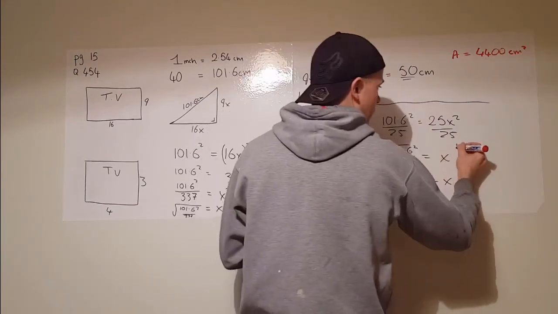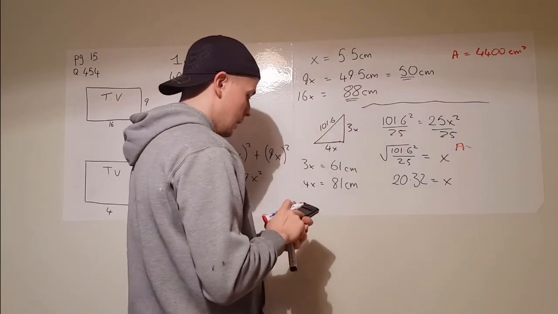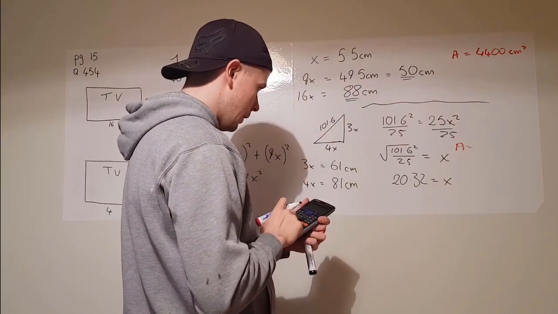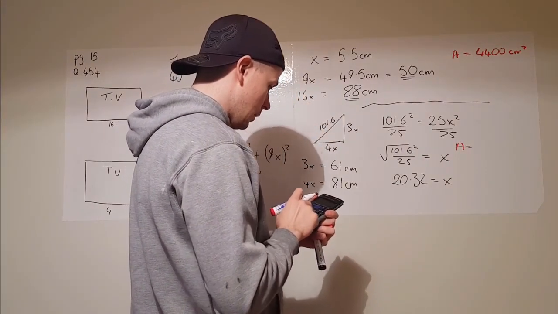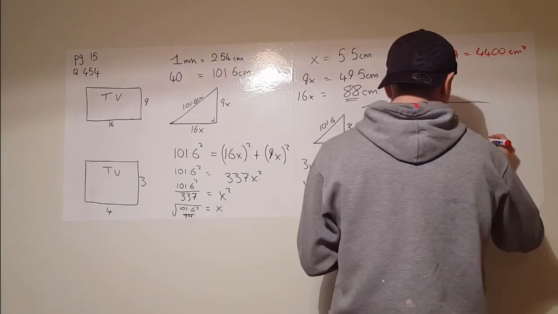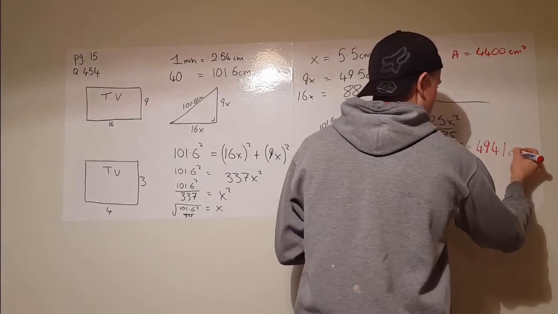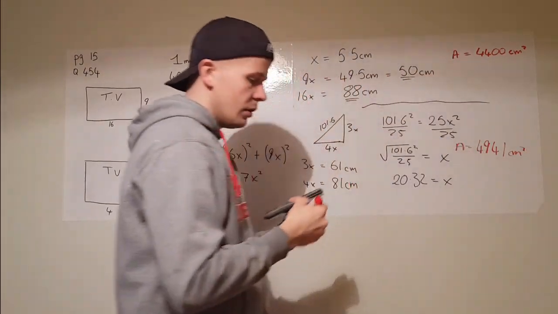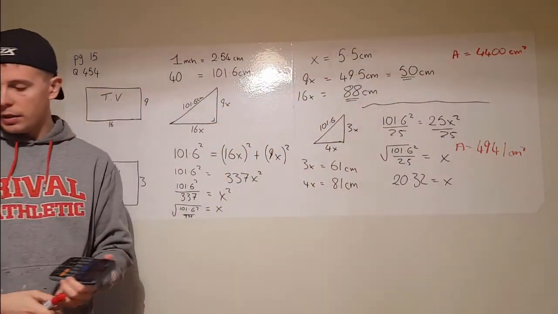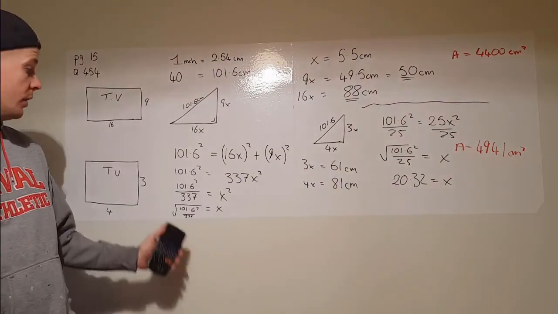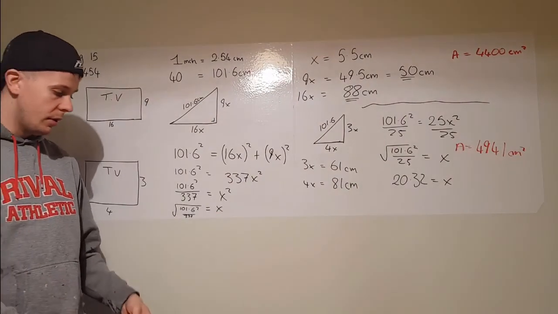The area of this TV here is 61 by 81. And that's going to give me a larger number, so 4,941 centimeters squared. So to finish up on that, which TV has the greatest area? Well, it is the aspect ratio of 3:4.